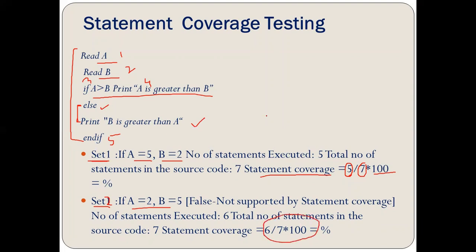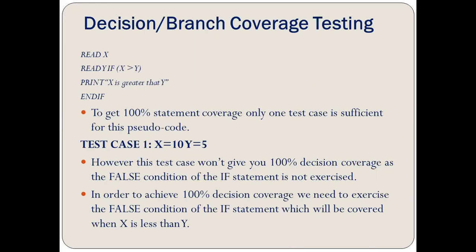So the drawback mainly is that these particular two statements will never be executed and will never be tested. This is the drawback. So moving forward to the decision and branch coverage testing. Now this particular decision or branch coverage testing is going to provide a better approach than statement coverage.